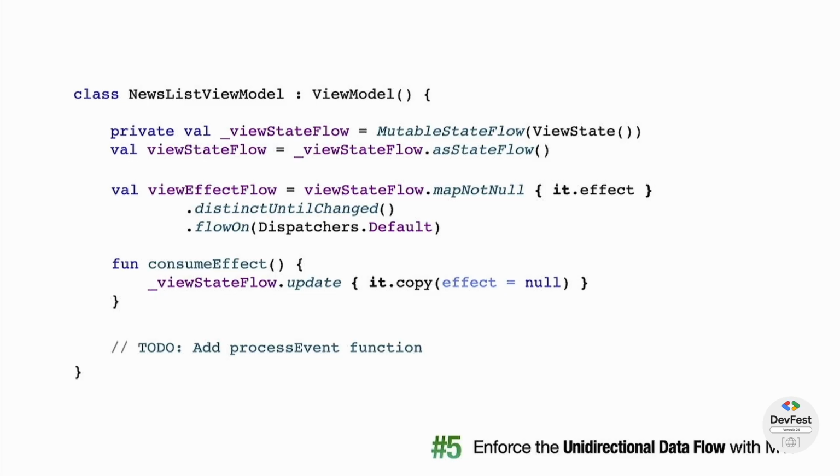You can add a replay, but that's not what you want on these kinds of flows, because if you add a replay, that means that when a new collector joins, the last emitted value will be sent. So in case of a configuration change, like recreating the screen, that causes the view to unlink or stop collecting and start collecting back, you will get replayed.